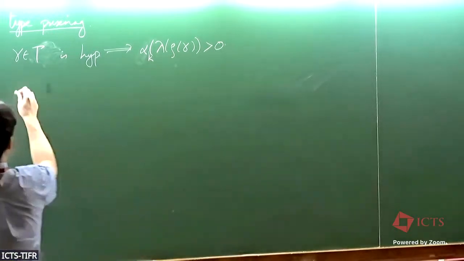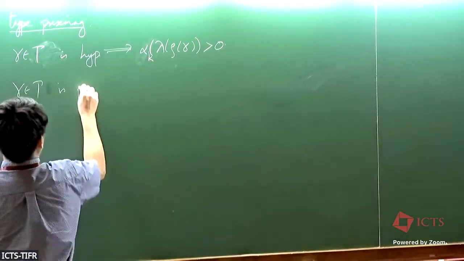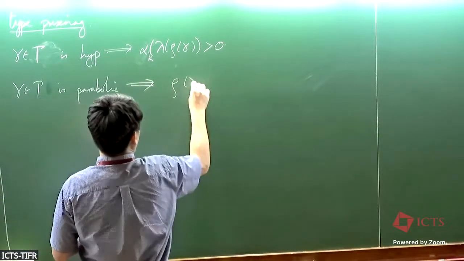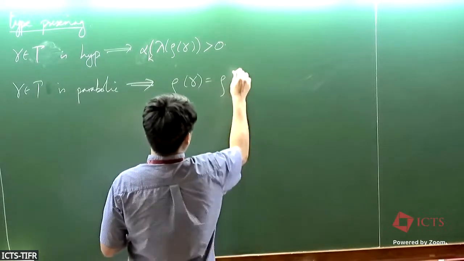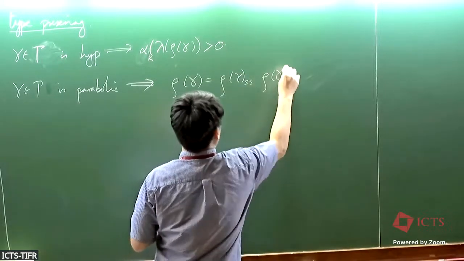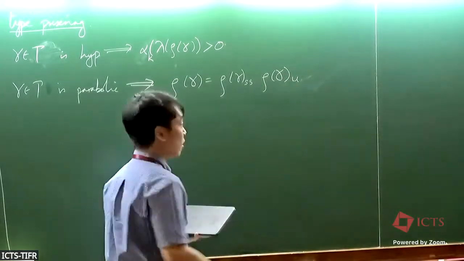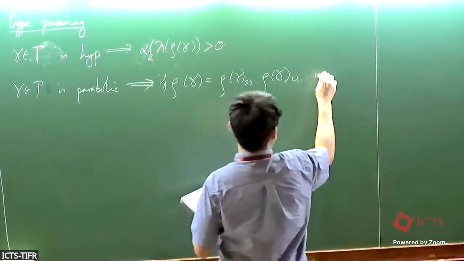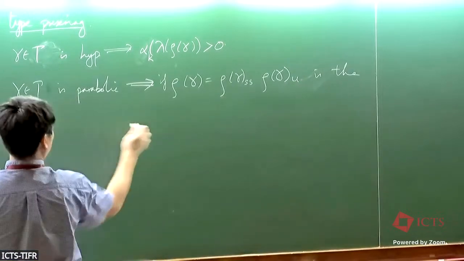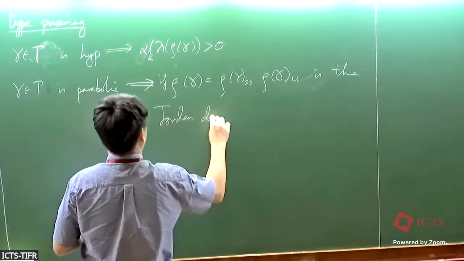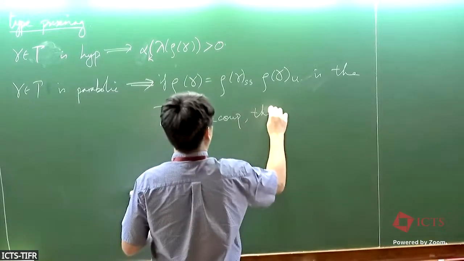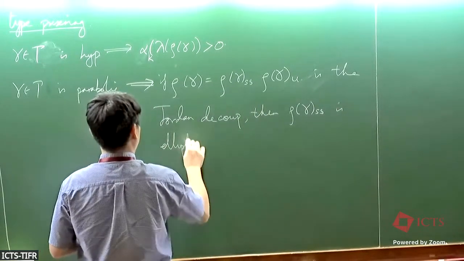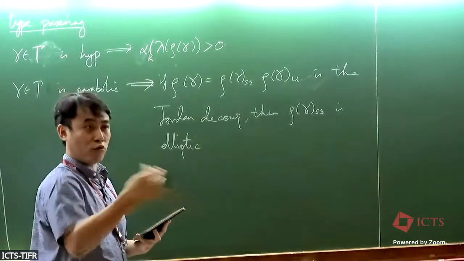Okay, and then if gamma in Gamma is parabolic, this means that when you take the Jordan decomposition of rho(gamma), you can decompose it into a semi-simple part and a unipotent part where these two commute. Then the semi-simple part is elliptic, that means conjugate into a maximal compact.